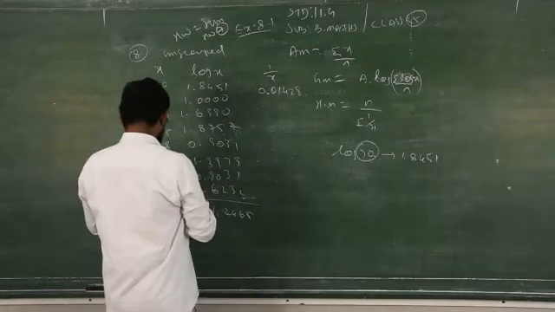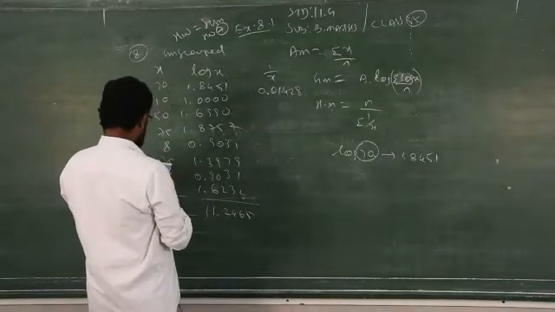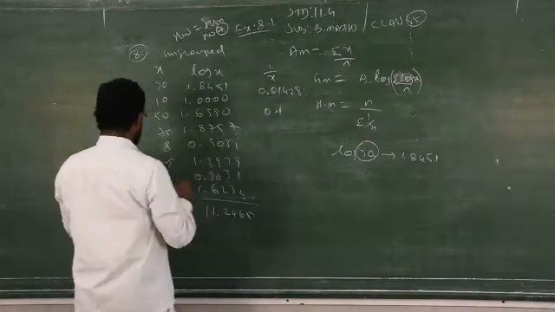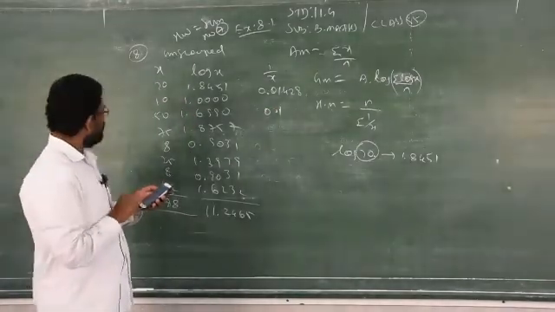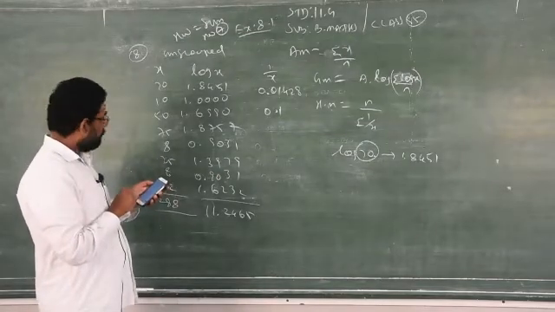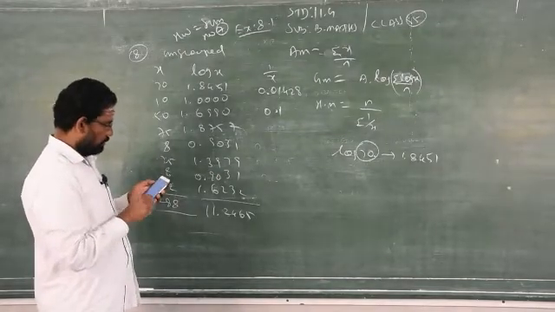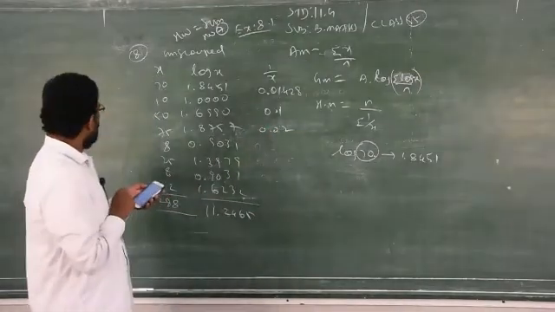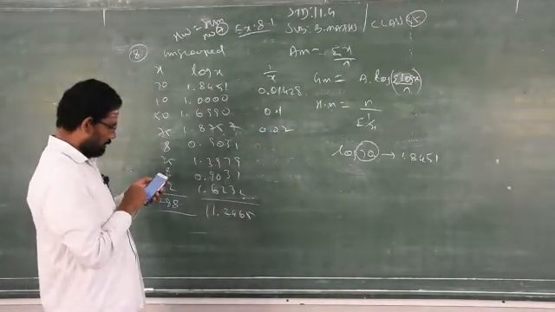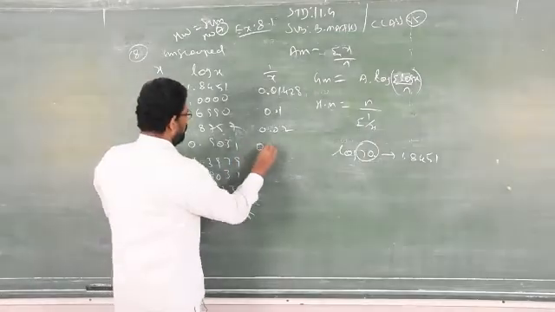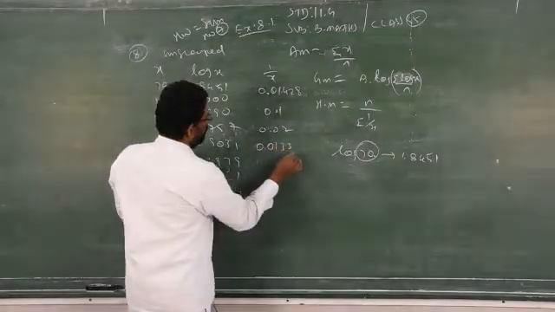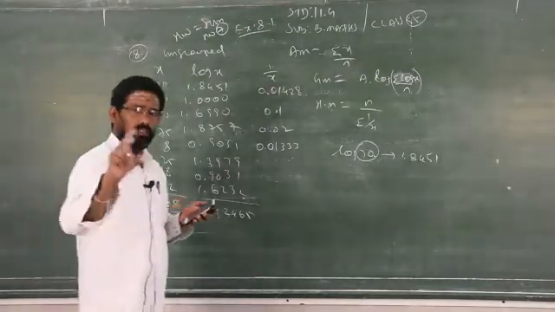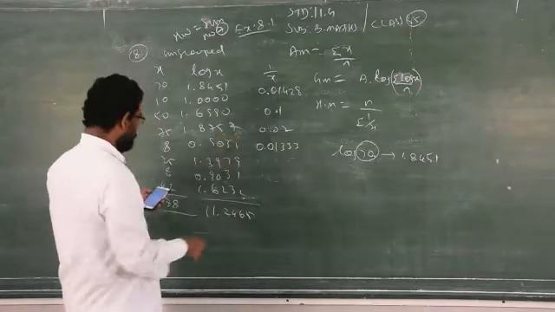Then 1 by 10.1, I wrote already, but I will work out the problems so you understand. 1 by 50. What will be the answer? 0.02. The next one, 1 by 75, 0.0133. So you take only a maximum of 4 digits. If the 5th digit is 5 or more than 5, add 1 to the previous one.